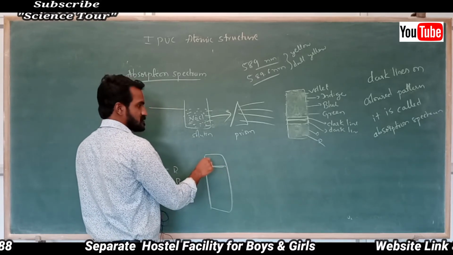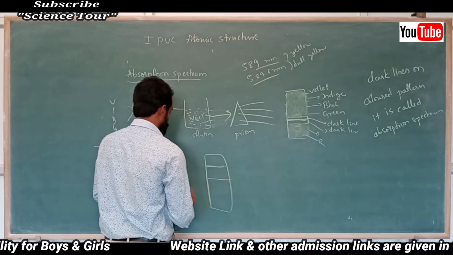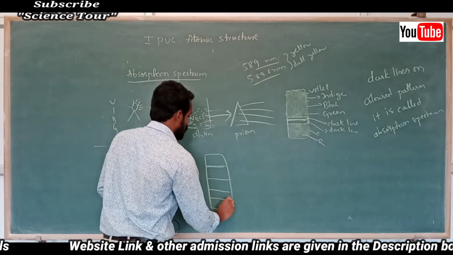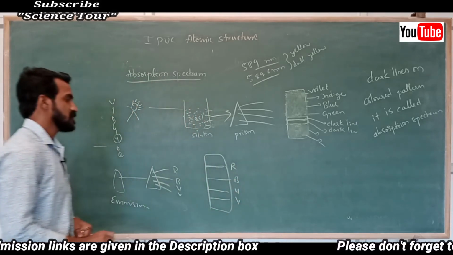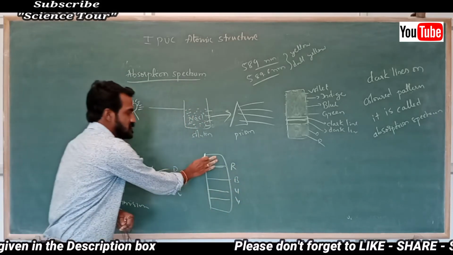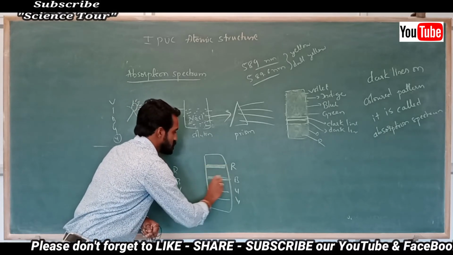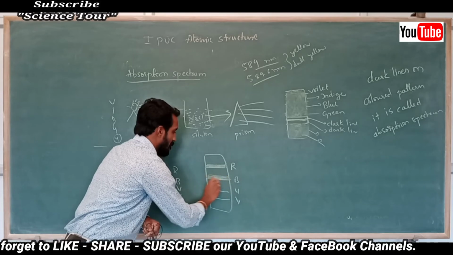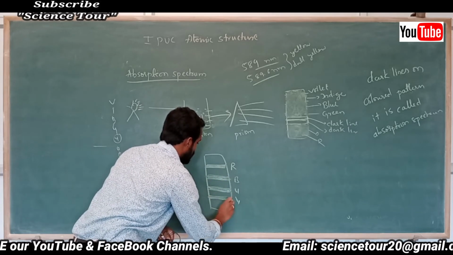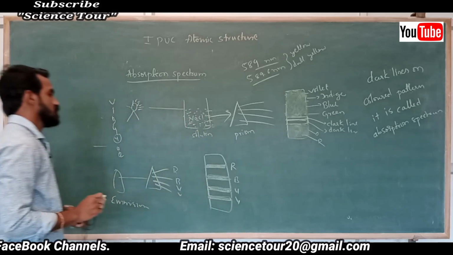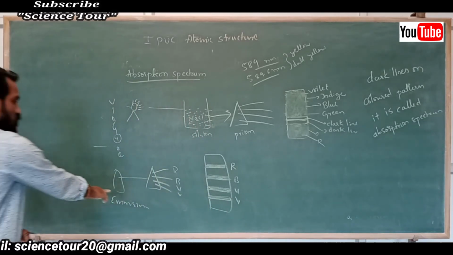Here dark color is there. Correct? And blue here and violet here, violet here. Remaining place is dark. This is red line, this is blue line, this is violet, different shades of violet. Understood? Here you can see four lines. This is an example for emission spectrum.